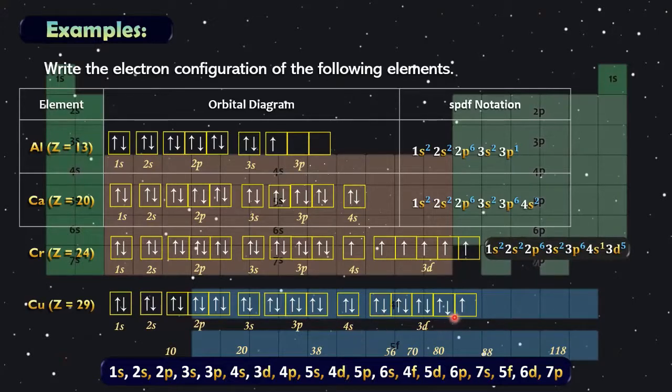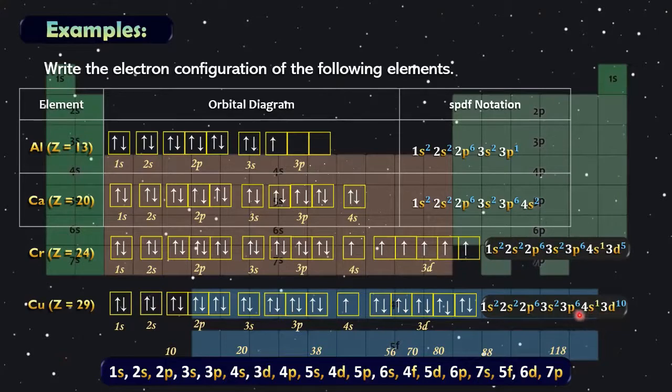But, again, observe 3d9. The exception in the ruling is that 3d9 or D4 are not allowed, as observed. Therefore, the orbital diagram for copper would be fully filled before the electron enters the fourth energy level.